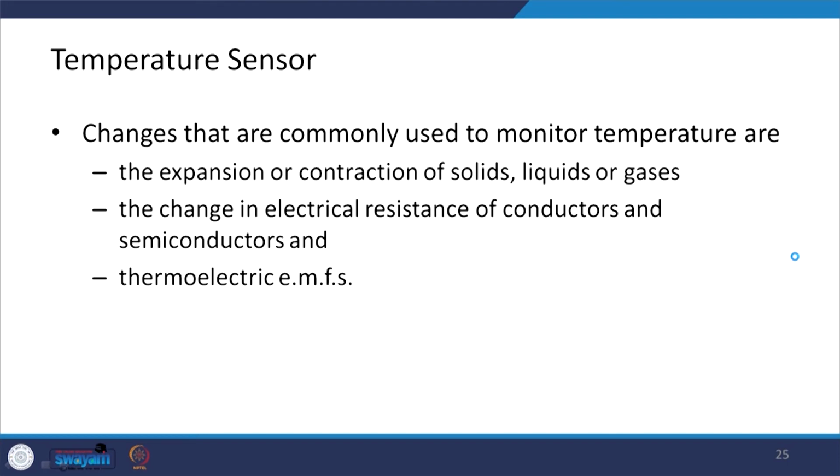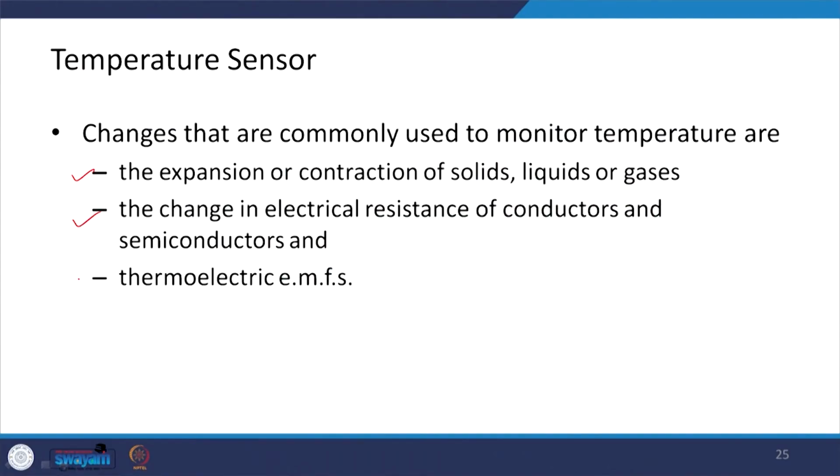And also the change in electrical resistance of conductor and semiconductor can be a way of measuring the temperature, as well as the thermoelectric EMF change can be used for the measurement of the temperature. So, either of these three ways can be used for the measurement of the temperature.